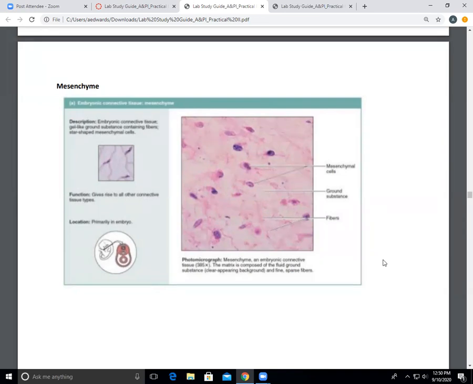Yes? So are you saying that these ones are all stem cells? Yes. Because they're stem cells, they're not differentiated into a bone cell or a dense regular connective tissue cell. So you want something that's very generic, where you can turn it into what you need to. Okay.